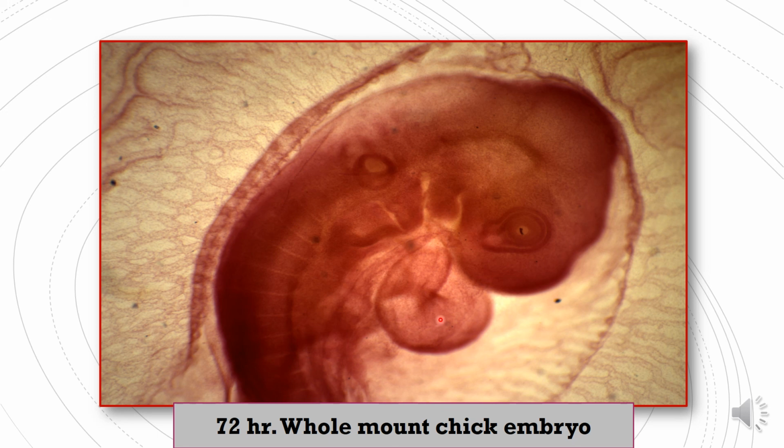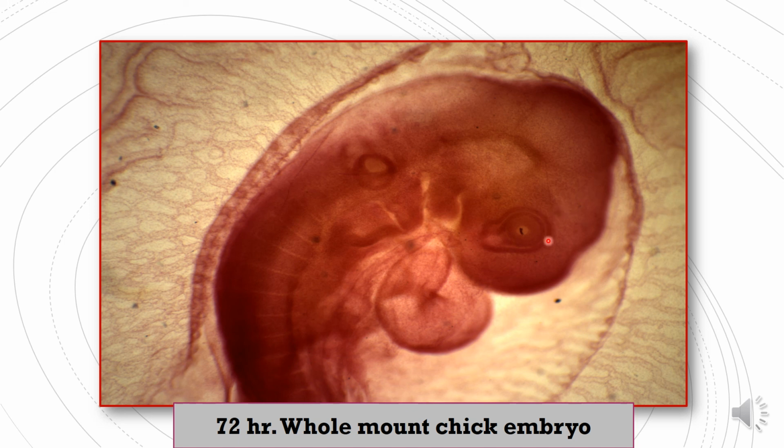You can see this is the heart tube, and this section also shows the brain vesicles: telencephalon, diencephalon, mesencephalon, rhombencephalic isthmus, metencephalon, and myelencephalon.